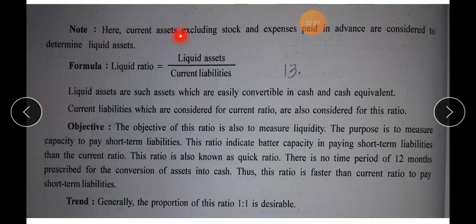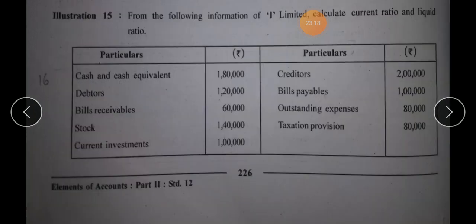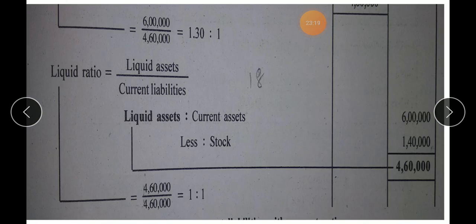Current assets excluding stock and expenses paid in advance are considered to determine liquid assets. And that's the reason we have deducted stock from current assets. Yes? So current assets is, sorry, I'm extremely sorry, yes, current assets is 6 lakh. Stock is 1,40,000. So liquid assets are 4,60,000.